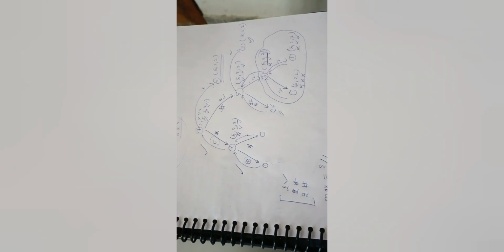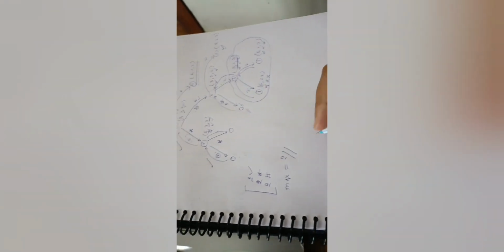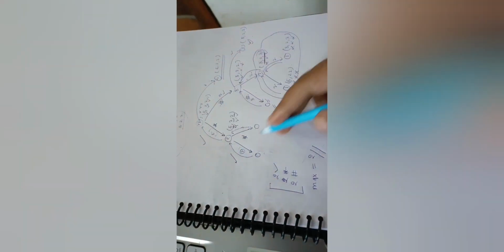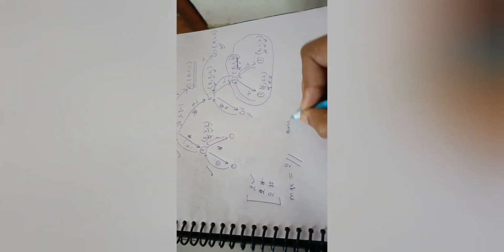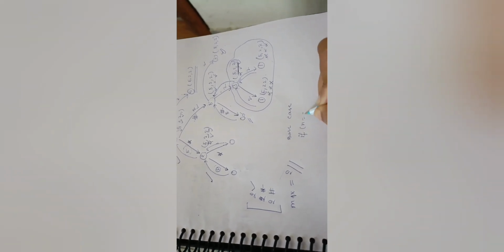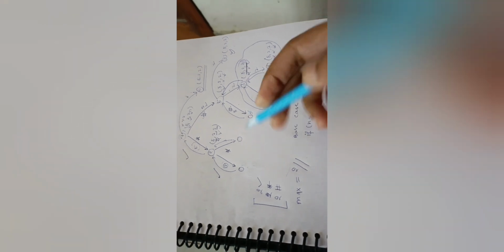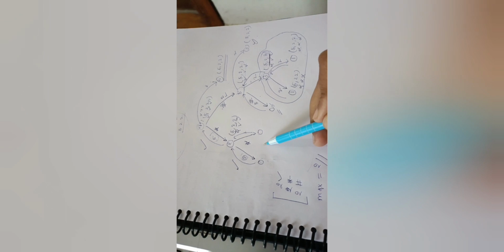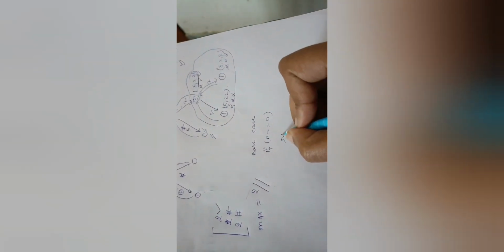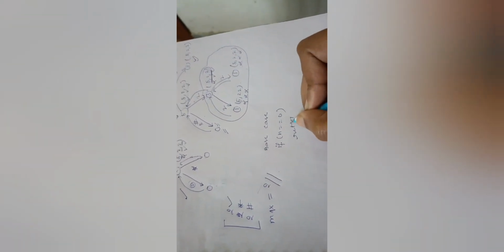Now let's come to its implementation part. So for this recursion, what will be the base case? If length equals 0, we don't need any segment, so we just return 0.